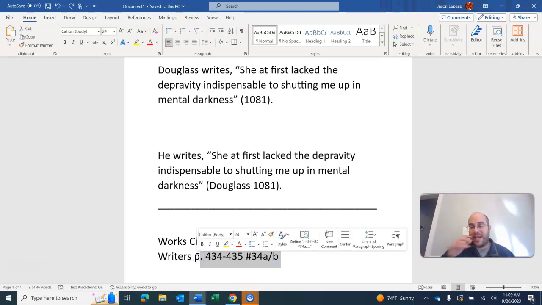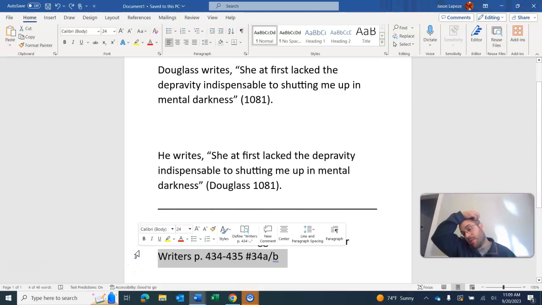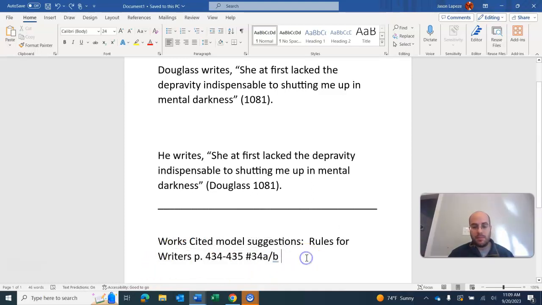And then don't forget, we have a sample essay in Blackboard for formatting purposes, and there is a sample MLA works cited page in Rules for Writers, pages 456 to 457.